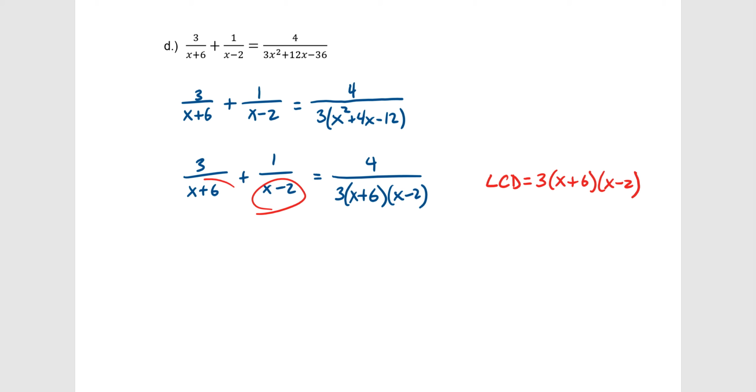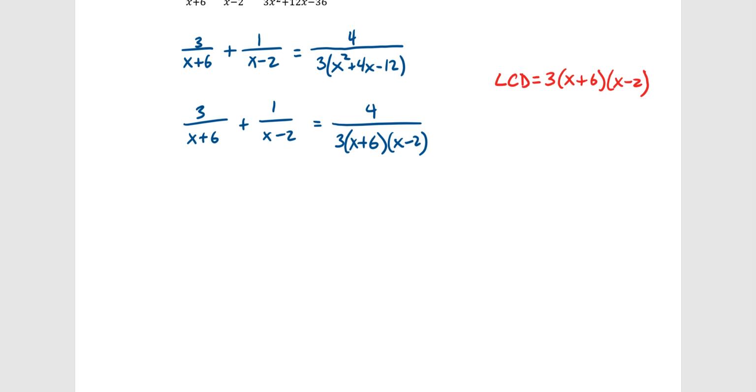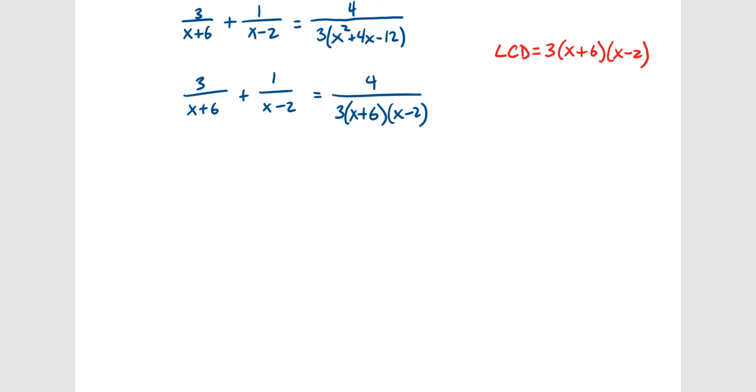Since these other denominators, x plus 6 and x minus 2, are already included there, we don't have to adjust that LCD. So our least common denominator is 3 times x plus 6 times x minus 2. What we have to do is multiply that by everything. So let me move that up a little bit. Okay, let's multiply this whole equation by that LCD.